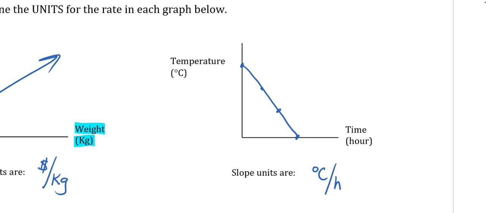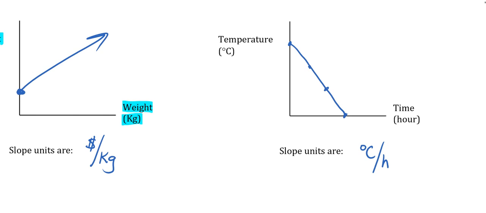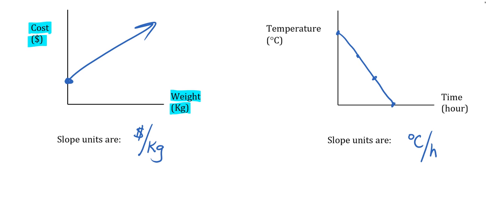That means maybe it's overnight. The temperature is decreasing. Right? Or maybe it's during the day, I don't know. But yeah, exactly. So you can see that the temperature is going down over time. Okay, so thinking about units of rates is really important.